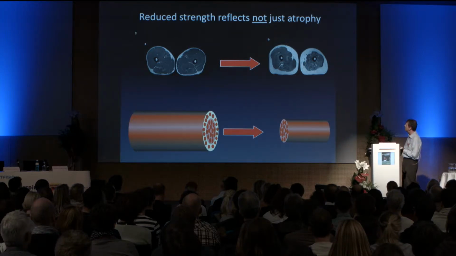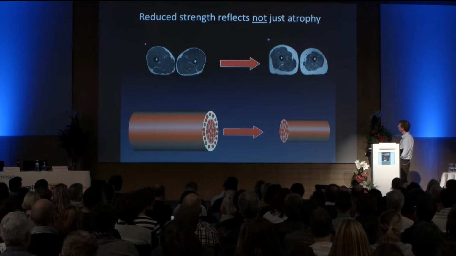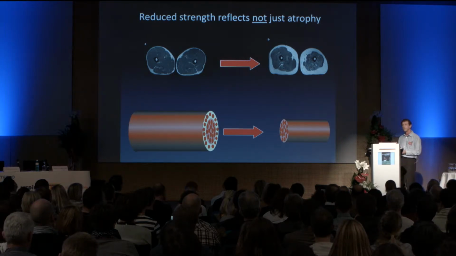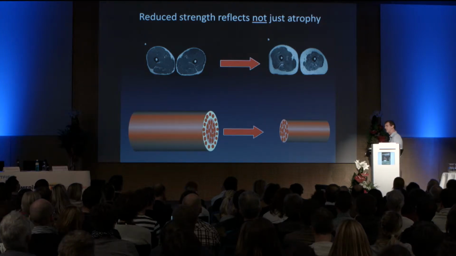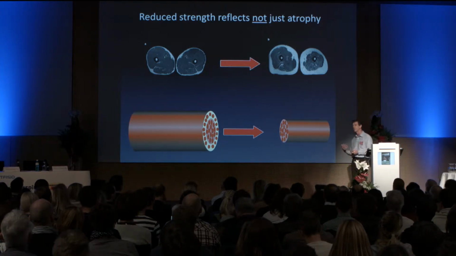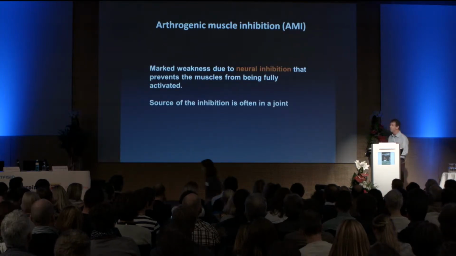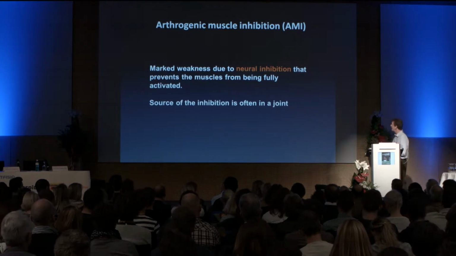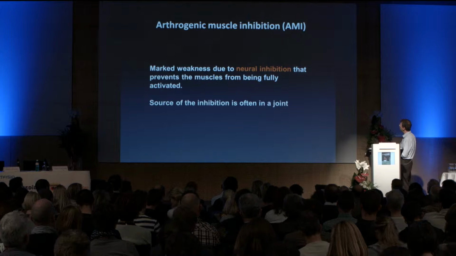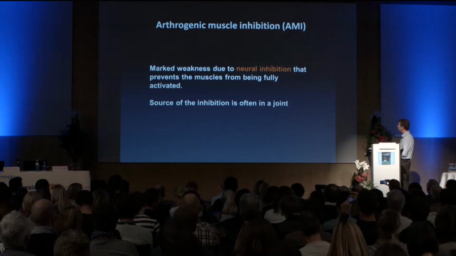But we've got to remember that reduced strength reflects not just atrophy, but also a change in the ability of the muscle or the nerves to turn that muscle on. So if we were to provide a definition for this arthrogenic muscle inhibition, AMI, we'd say that there was marked weakness due to neural inhibition that prevents the muscle from being fully activated. And the source of that inhibition is, in many, many cases, the joint, the damage that's been occurring to the joint.